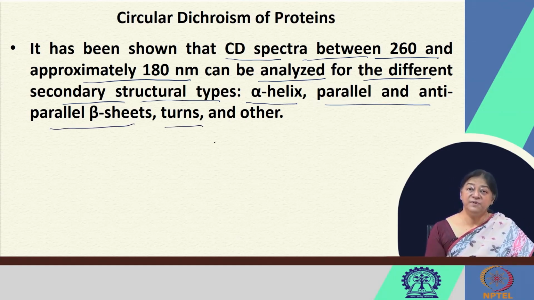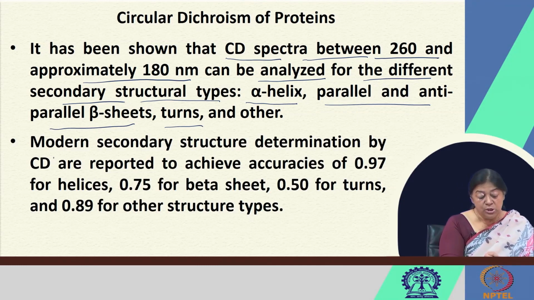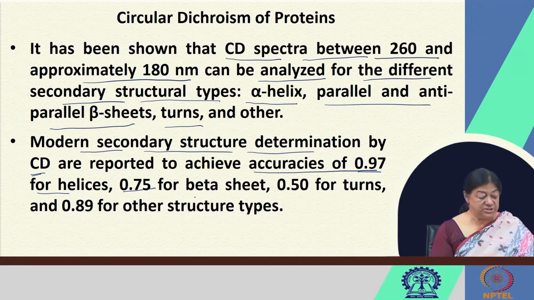The identification of an alpha helix tells us a lot about the protein in terms of its secondary structural units. In fact, modern secondary structure determination by circular dichroism can achieve accuracies of up to 97% for helices and 75% for beta sheets.